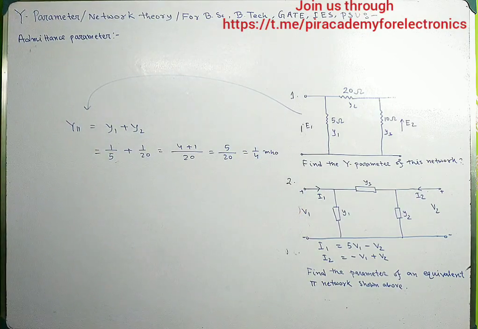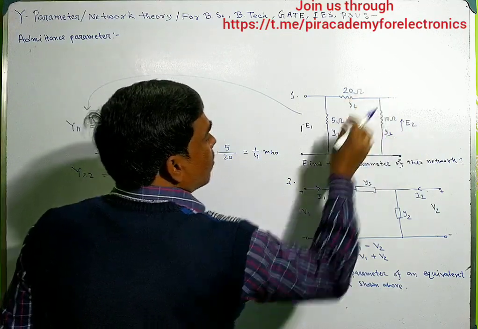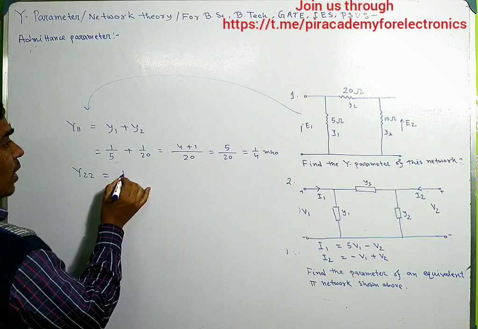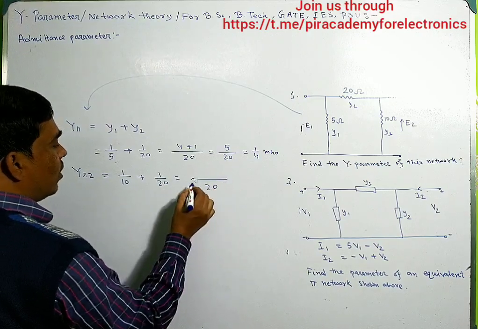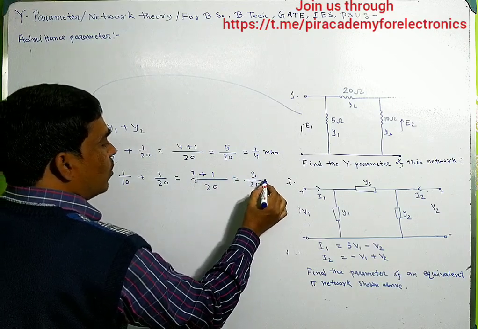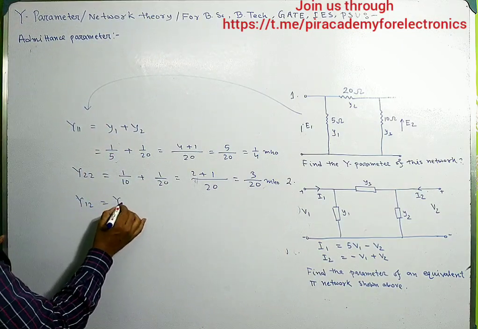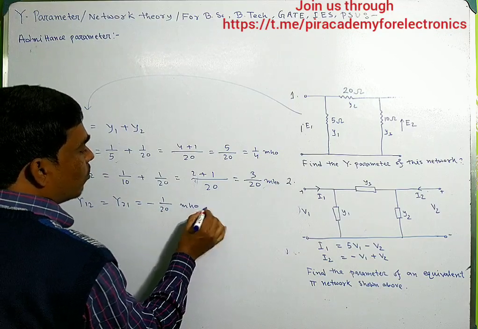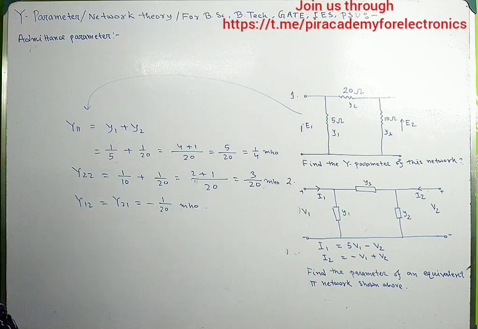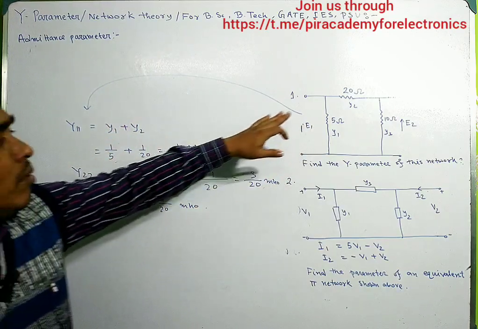Now y22 is given by 1 by 10 plus 1 by 20, so 2 plus 1 over 20, equal to 3 by 20 mho. And y12 is equal to y21 equal to minus 1 by 20 mho. So using the formula of the equivalent pi network, we can calculate the y parameter of this problem number 1.